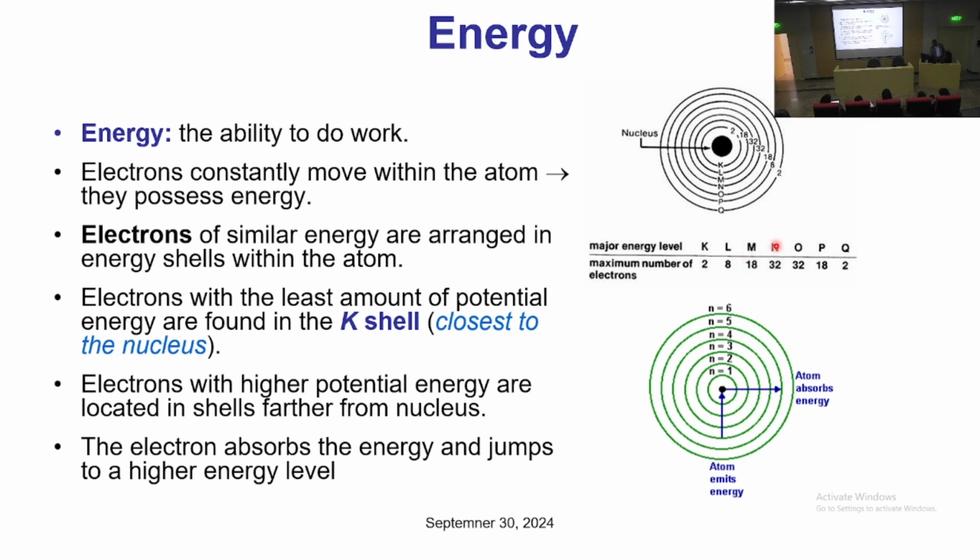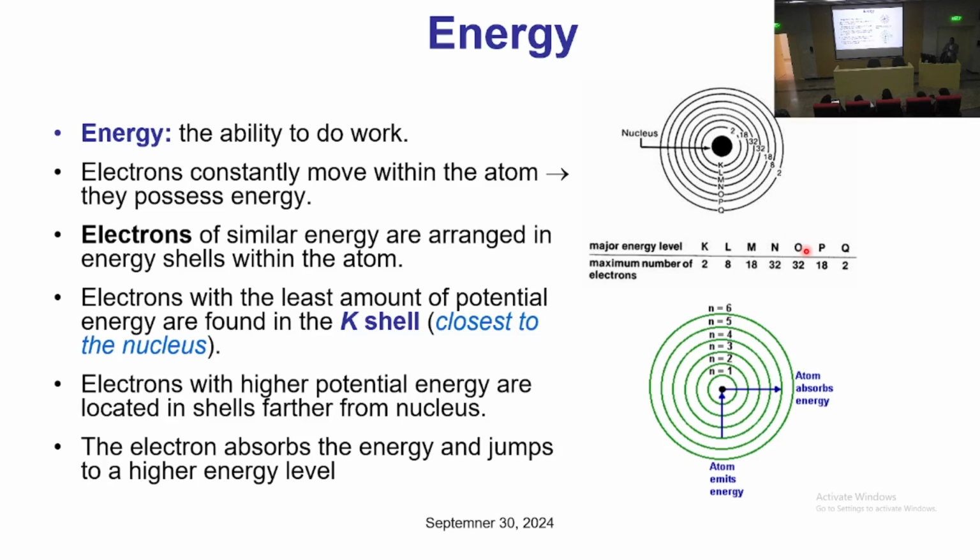Then we have N shell, 32, O shell, 32, P shell, 18, and the Q shell, 2. So each atom can have this many layers or shells. The number of shells depends on the atomic number, the number of protons within the nucleus.